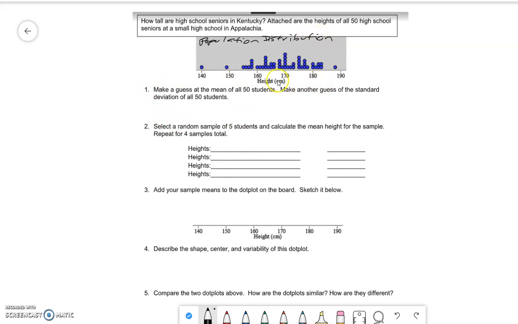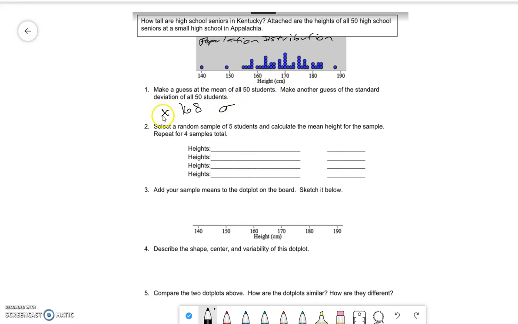Okay, so I've got to make a guess at the mean of all 50 students. Maybe it's right here, so I'm going to say 168. And the standard deviation, well, more than half of my data is contained up 10 and down 10, so I'm going to say my standard deviation is 10.